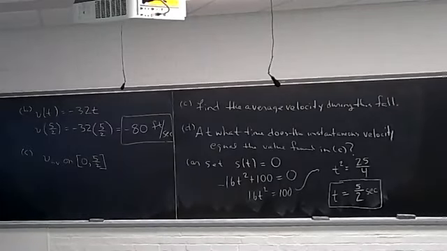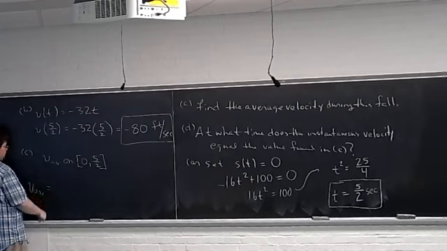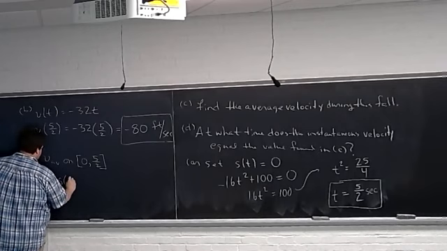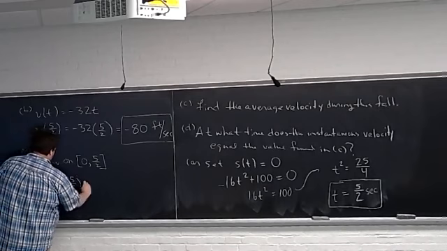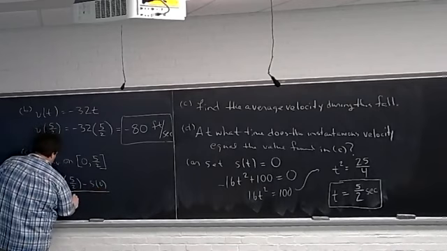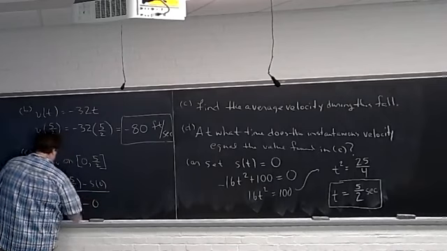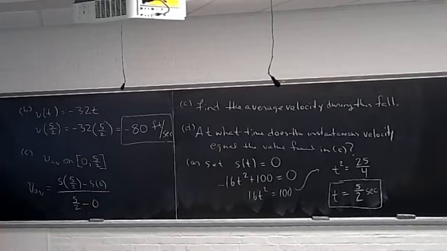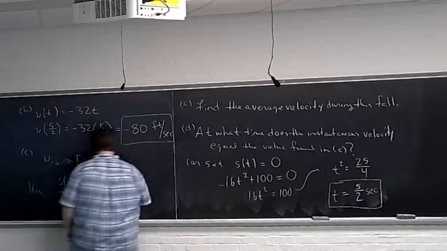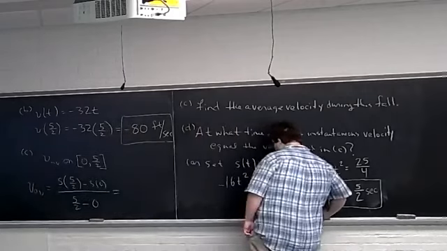Okay. So we need here, remember the average velocity is given by the change in position on that interval divided by change in time on that interval. Change in position is what? I still have a position function here somewhere.